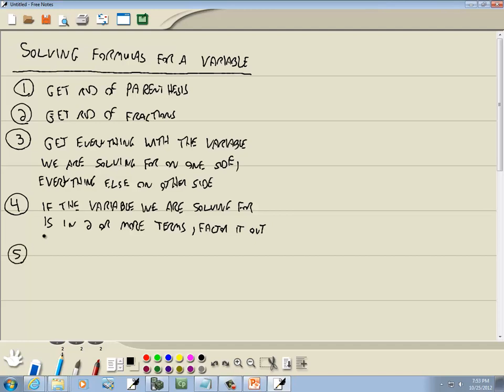And step 5, divide both sides by what is in front of slash back of the variable we're solving for.